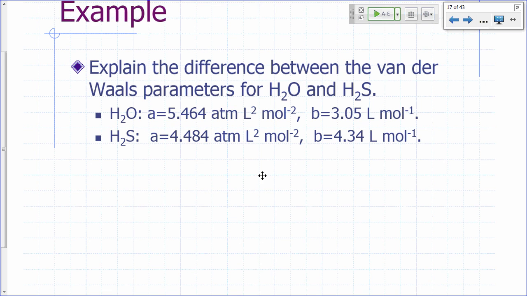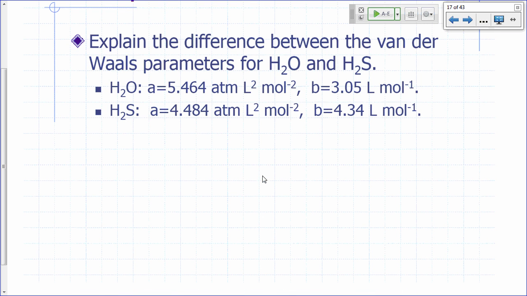Oh, there's a difference between H2O and H2S. Look at which one has the higher A value. Water has the higher A value, and which one has the higher B value? H2S. Okay, and what's the explanation again? Although we say in general, the bigger the molecule, the bigger the B value, the bigger the A value, the anomaly in the case of water is because it's capable of hydrogen bonding interactions.